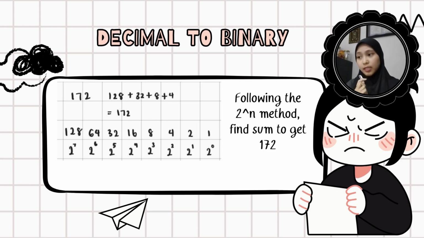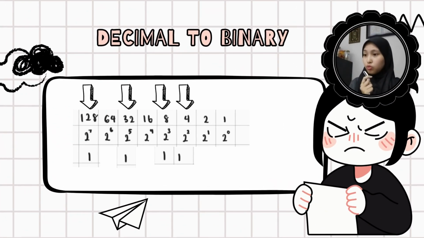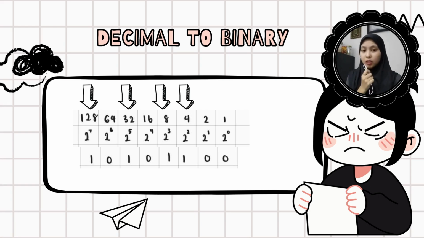As you can see here, I chose 128 plus 32 plus 8 plus 4, which gives 172. Each number that I use in the sum, I put 1 below it. The numbers that I don't use, I fill with zeros. And so I get the binary number for 172.